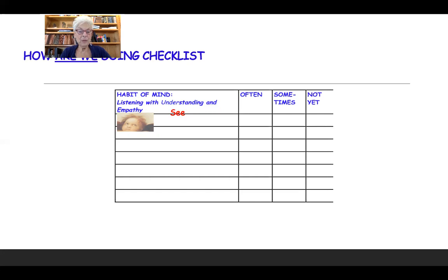So we might say, well, what do we see that tells us that we're really listening with understanding and empathy? Well, now this is kind of a strange time when, if we're on remote learning, what we see is we really look at the person who's talking and we really watch for indicators. So we might say that the person is pausing.